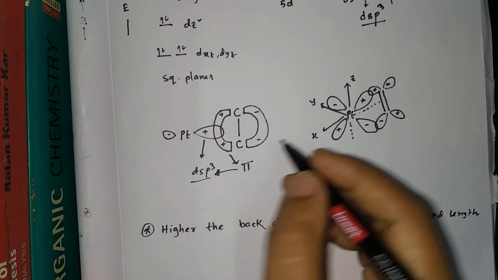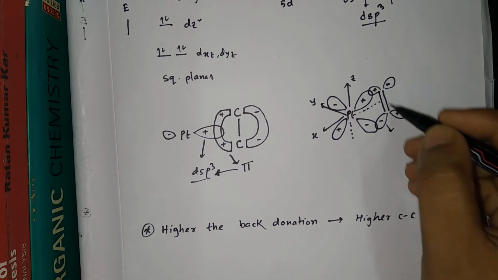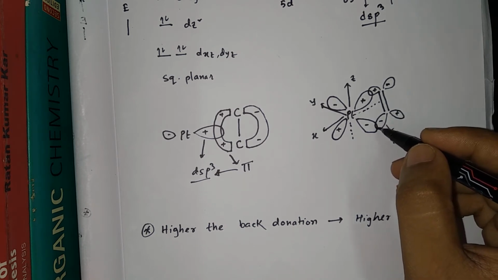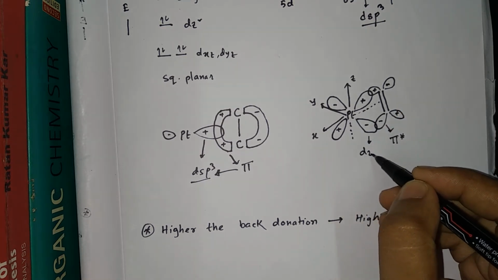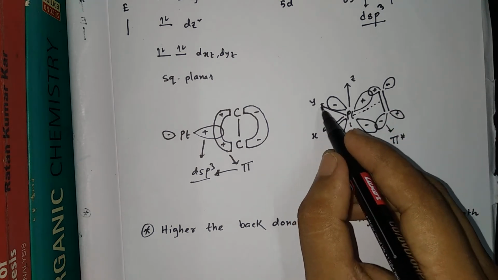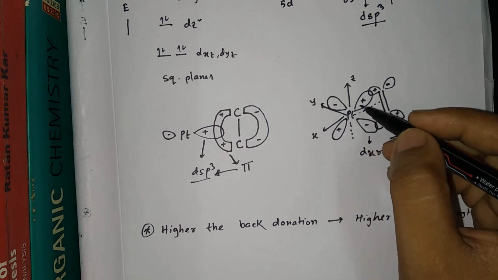And one more thing can also happen: the antibonding pi star orbital of this C=C exactly matches the dxz orbital. This is the z axis, this is the x axis. In the xy plane the 3 chlorines are there, and therefore this orbital is in the xz direction.